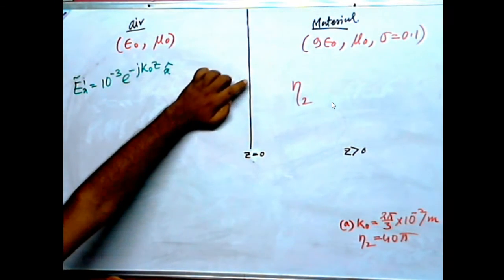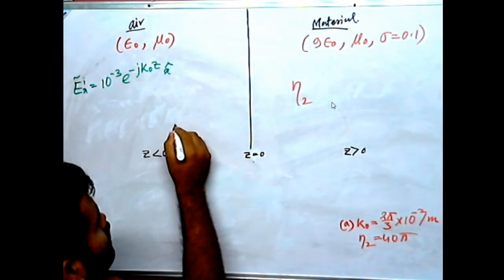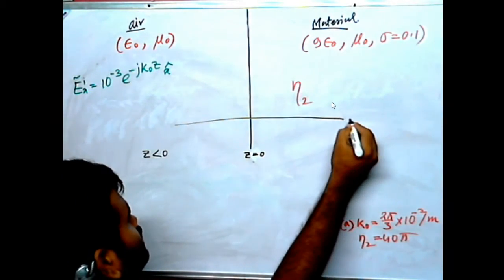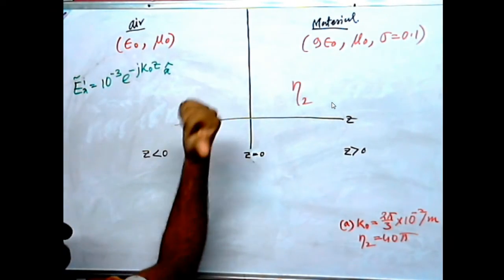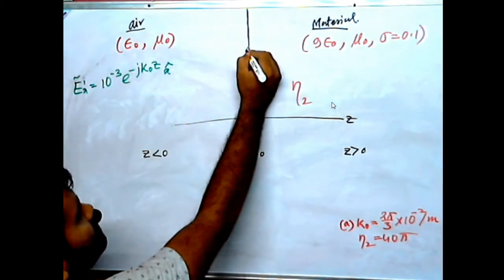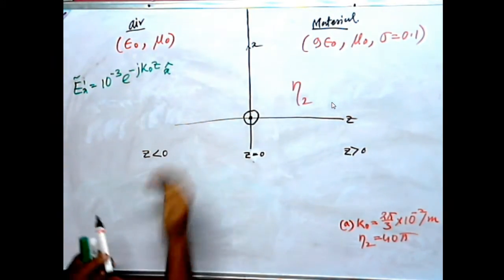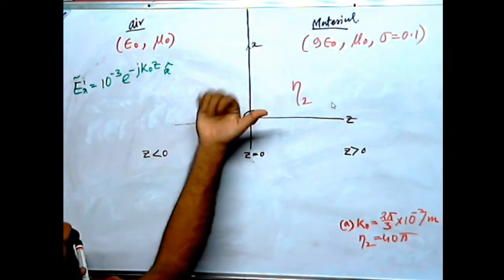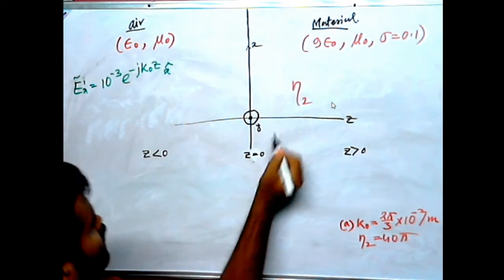You can see that this is the z axis, so you can think that this is the x axis and this is the y axis, with x to y being z.